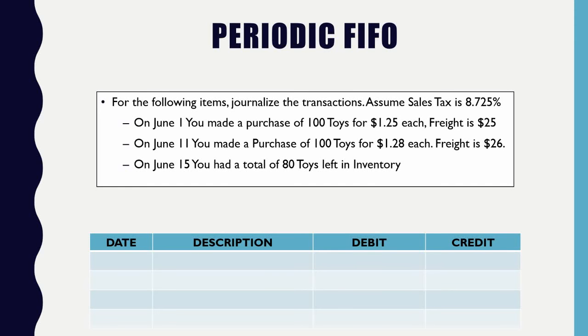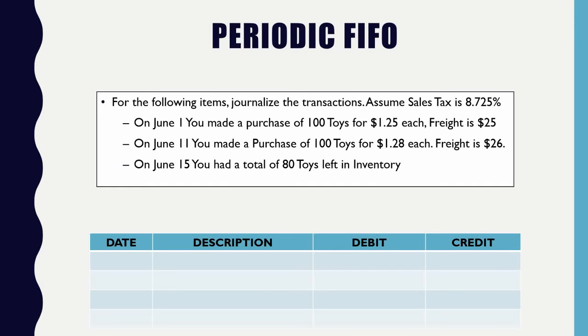So what do we do here? We put in the date first, and then in the description, we do purchase expense. Then we do $1.25 times 100, which is $125 in the debit section. And then we add the freight expense underneath the purchase expense, and we put that under debit as well, $25.